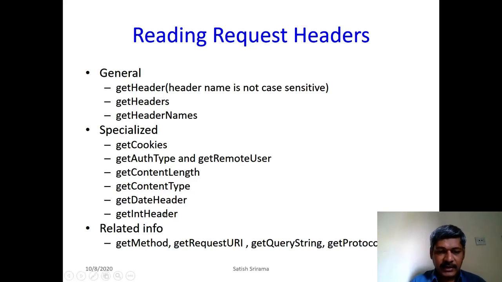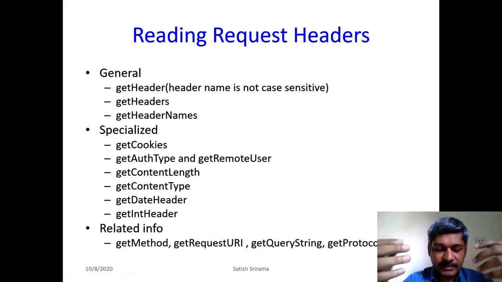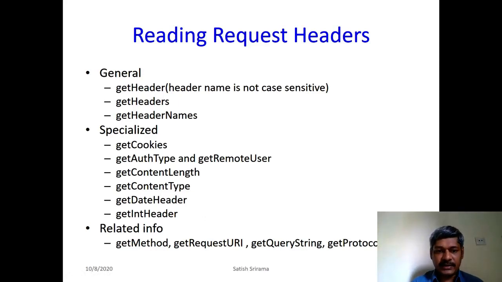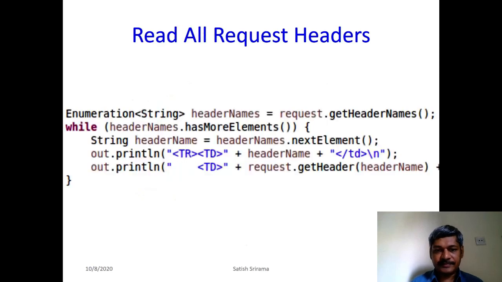You can also get information such as the method using which the request has come, whether it is a get or post method, get request URI, and access to get query string. You can read get protocol, using which protocol it has come. The servlet can process all the header information, and it has access to all of this from the request object itself.